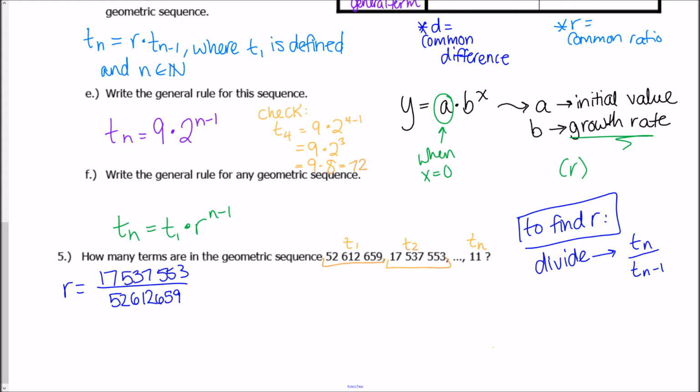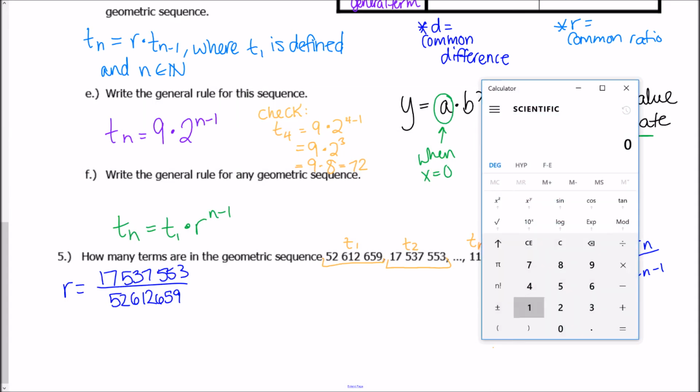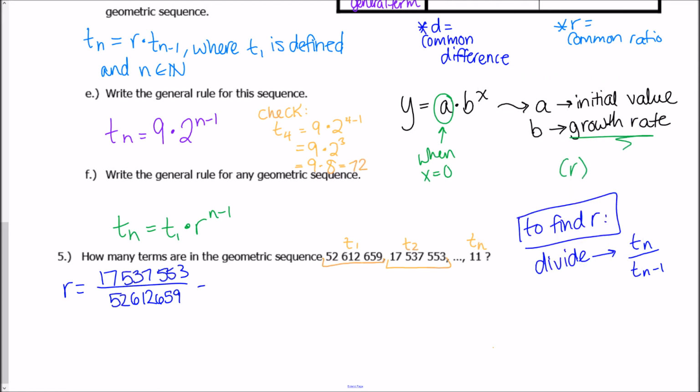And when I divide those two values, I end up getting 0.3 repeating, which we know should be 1/3. So here r is equal to 1/3.